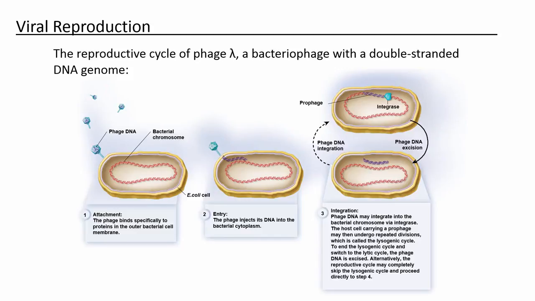So in order for phage lambda to escape the cell, the virus is going to lyse. And that just means to break open the host cell. So lyse just means to break open.